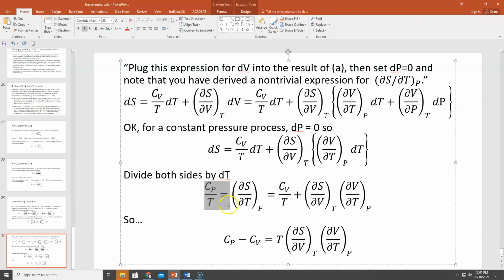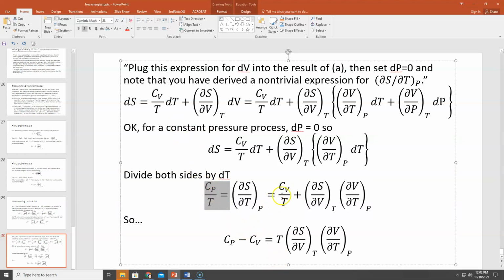That's my left-hand side. Now, my right-hand side is a little easier to see. If I just divide through by dT, the second term stays partial S with respect to V holding T constant times partial V with respect to T holding P constant, and then, of course, plus C_V over T. So that's where it comes from. Once you divide through by dT, you get this dS over dT, and that gives you the relationship for the heat capacity at constant pressure on that left-hand side.